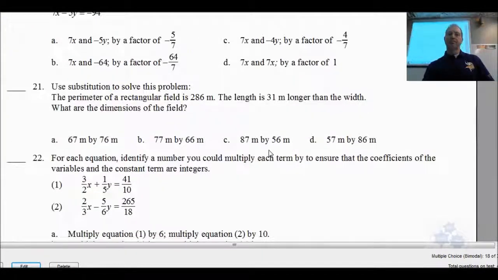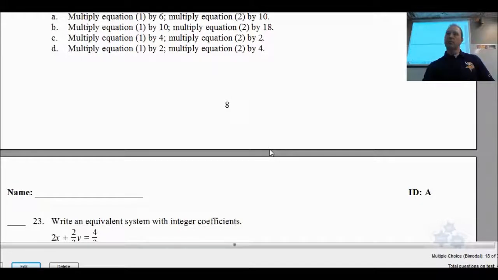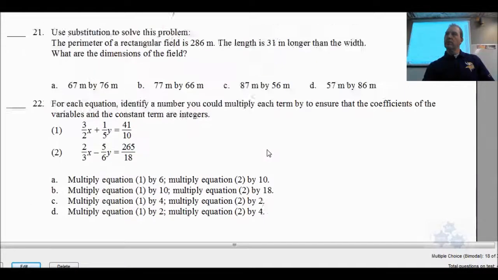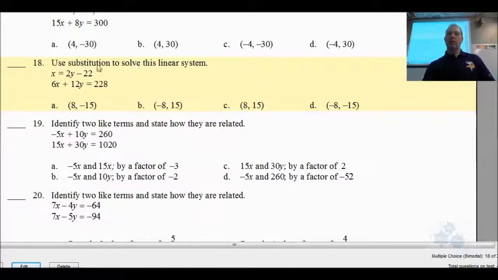So would we just put in one of the equations and then write in the numbers? Well, this question says use substitution to solve, so there will be some space here for you to show your work on the paper. We can't just plug in those numbers? You can, but you won't get full marks. If it just says solve, and you want to just start plugging values in, then go ahead.